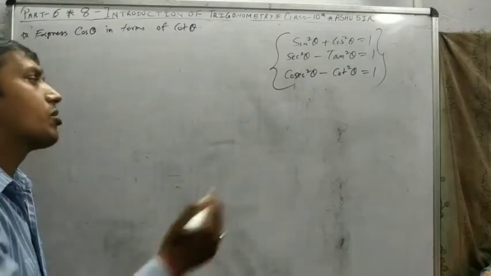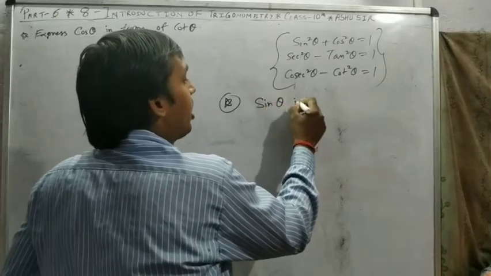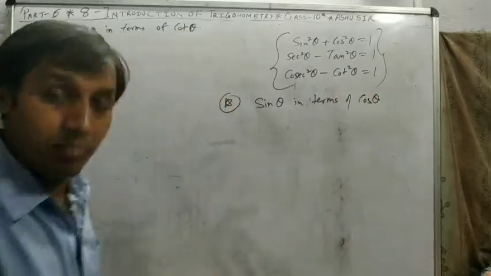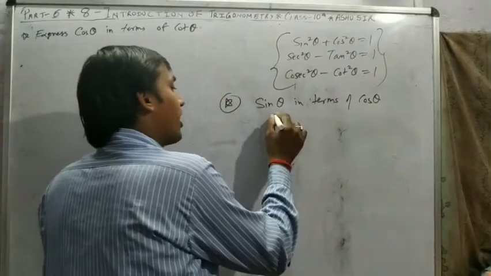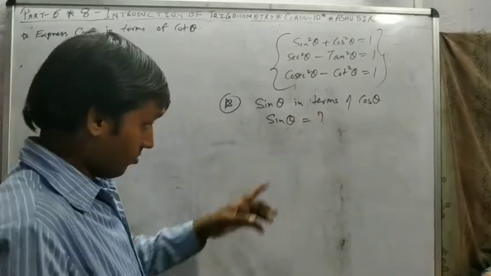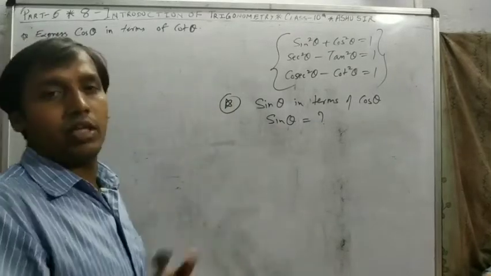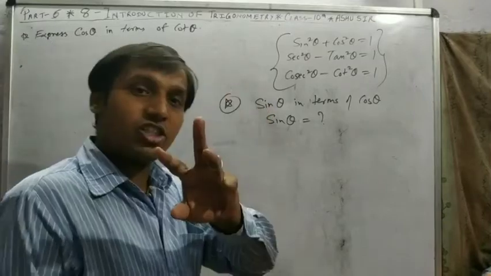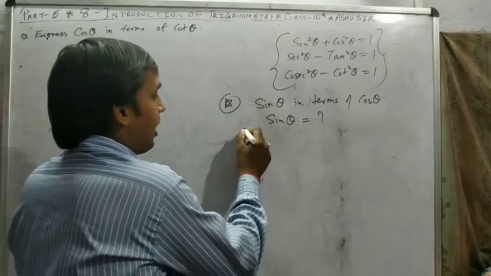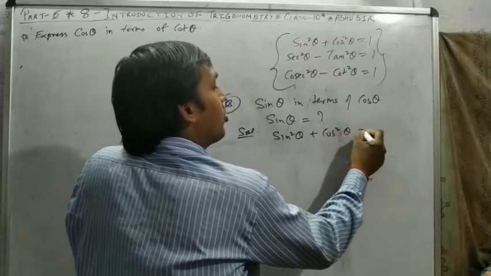So first we take a simple question. Sin theta in terms of cos theta means we want to find the value of sin theta, but on the right side only cos, no other trigonometrical ratio. So we want the relationship between sin and cos. Which identity do we use first? We write sin square theta plus cos square theta equal to 1.